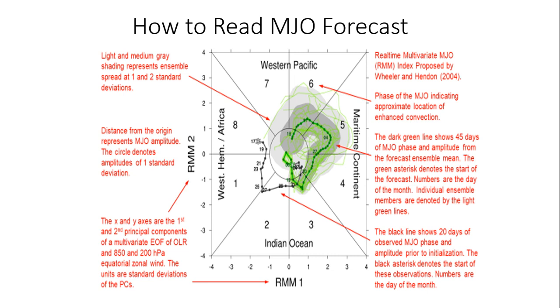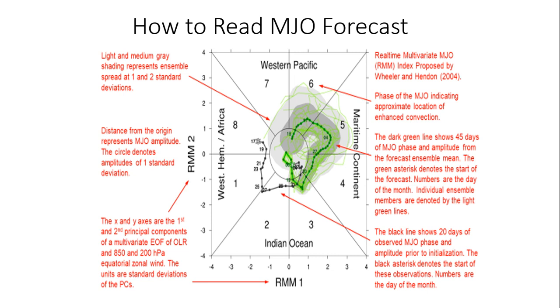The phase of the MJO indicates the approximate location of enhanced convection, whether that be in the Western Pacific, the Western Hemisphere and Africa when the MJO is in phases 8 and 1, in the Indian Ocean with phases 2 and 3, or phases 4 and 5, which correlate to enhanced convection in the maritime continent. So I wanted to just briefly go over this.